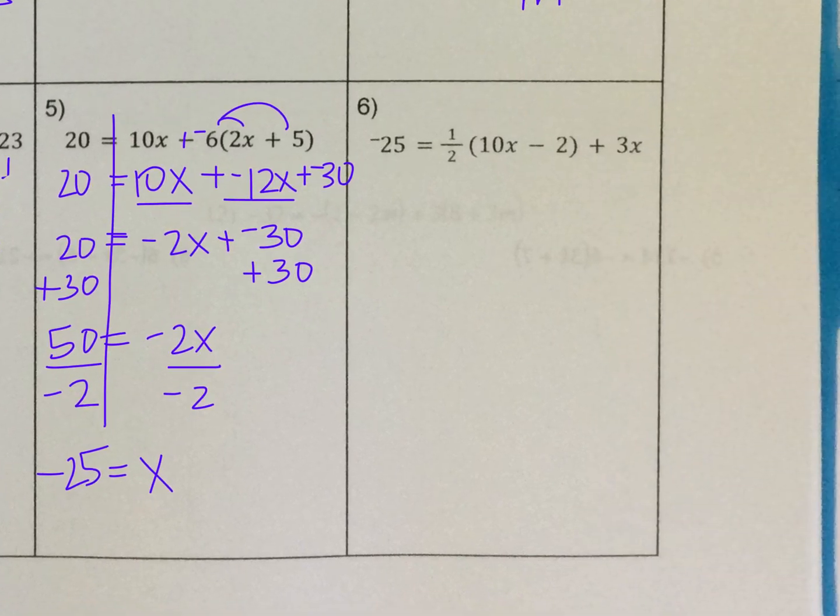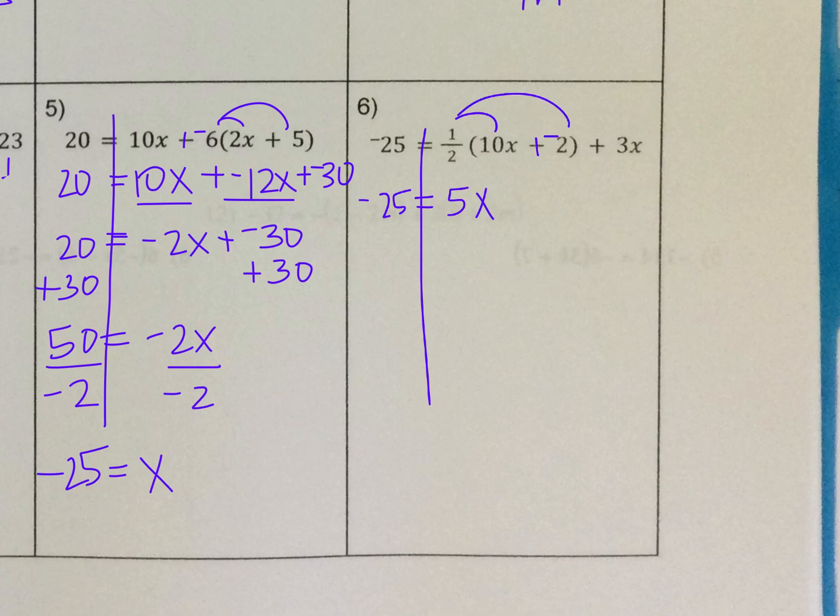Last one. Now, there's a fraction, and we all hate fractions, but it's really not bad at all. I'm going to bring down the negative 25. 1/2 times 10x is 5x, if you do that in your calculator. 1/2 times negative 2 is negative 1. And I'm just going to bring down the 3x, combine like terms.